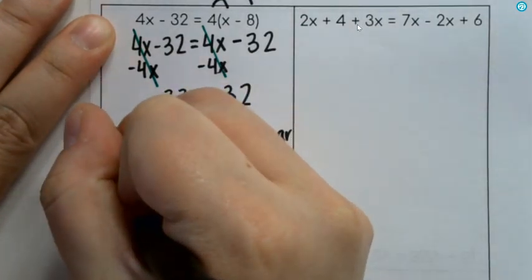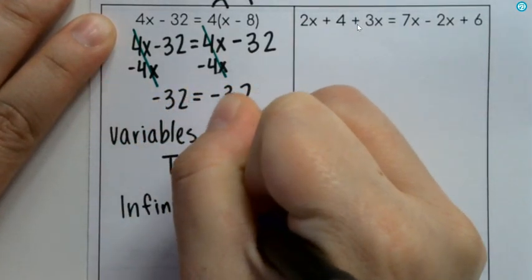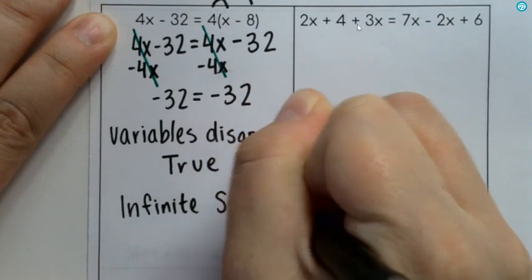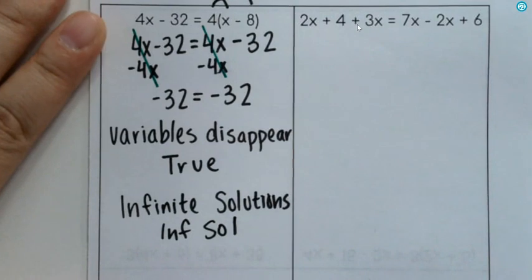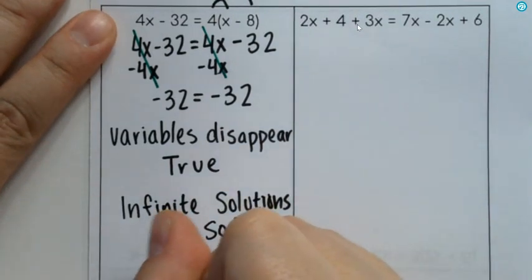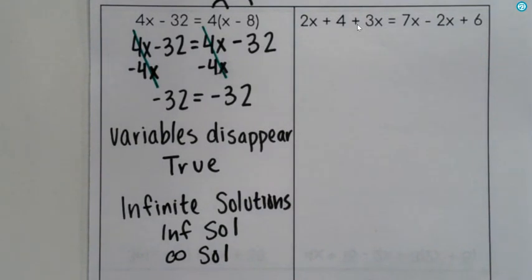You can either write down infinite solutions, or I like to abbreviate it to either just INFSOL or an infinity sign with solutions. So any of those are acceptable. I'll take this. Joanne.